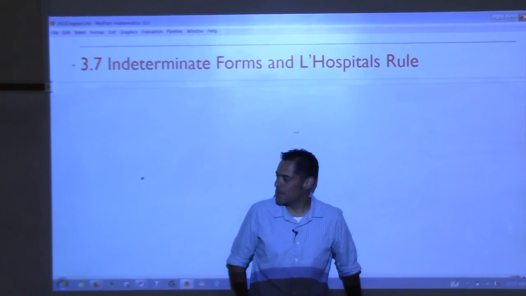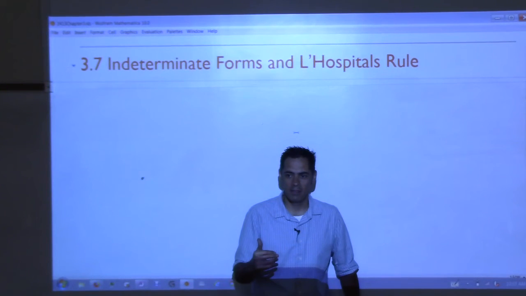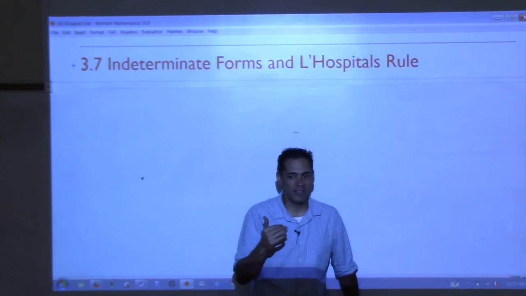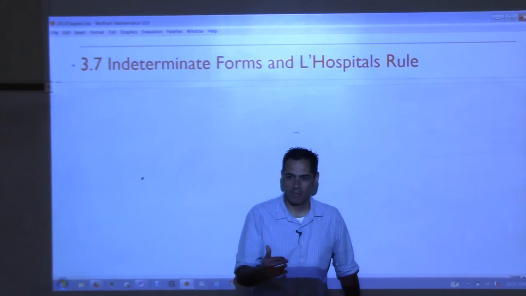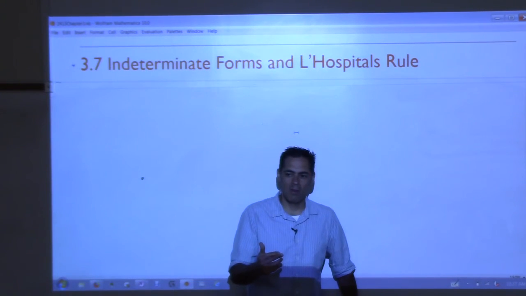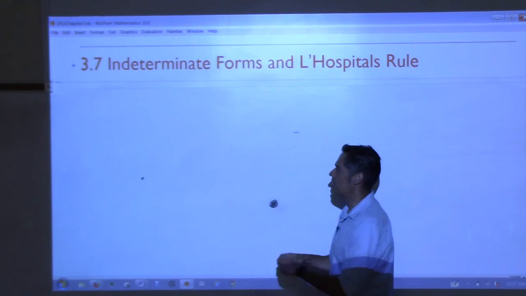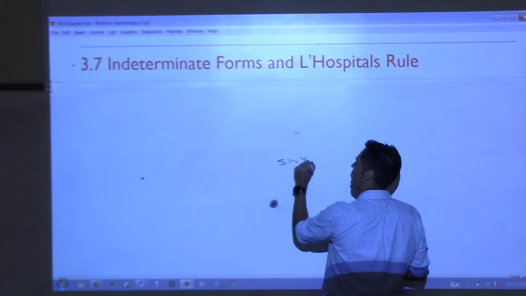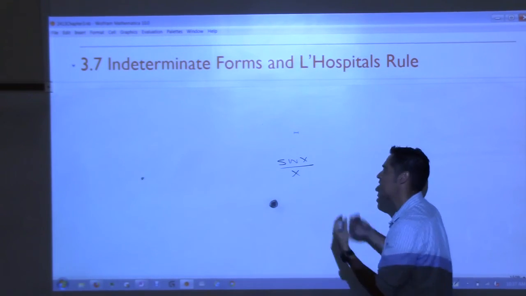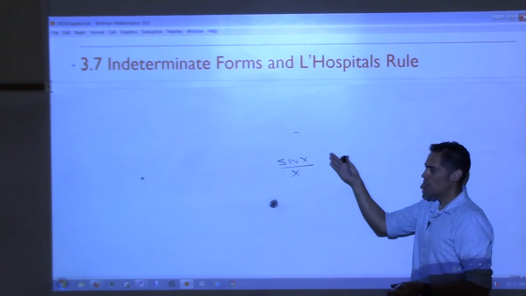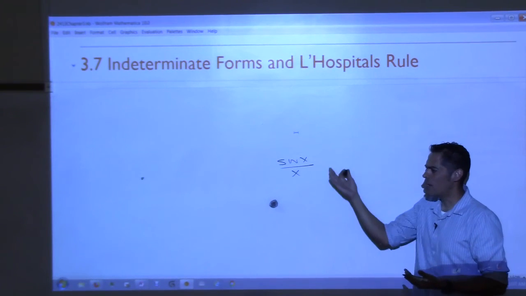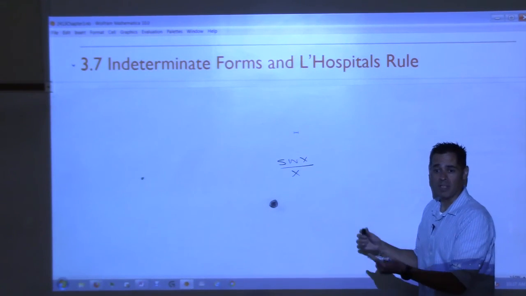I would have been happy to give you L'Hopital's rule right off the bat. The problem is you don't know how to take a derivative. So if I were to have walked in here and said, hey, you've got sine x over x, just take the derivative, cosine over 1, you would have been like, how does sine become cosine? You don't even know what a derivative is yet, right?